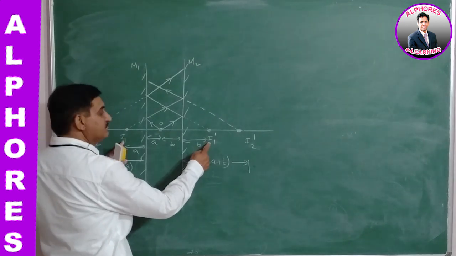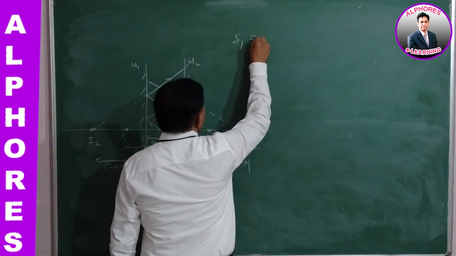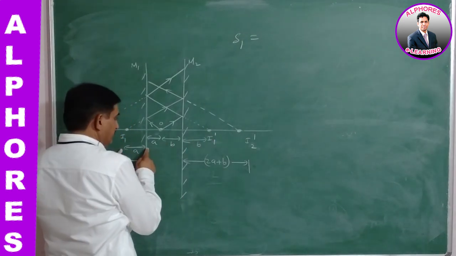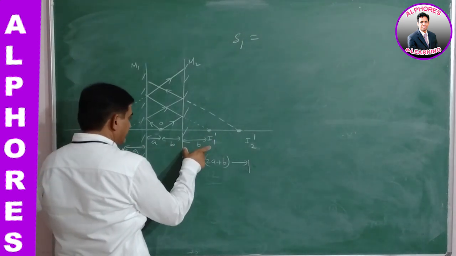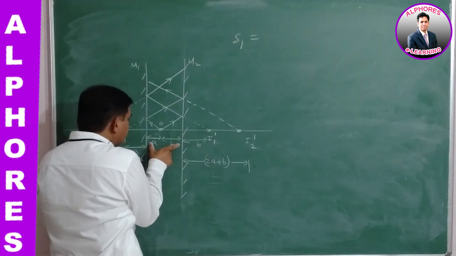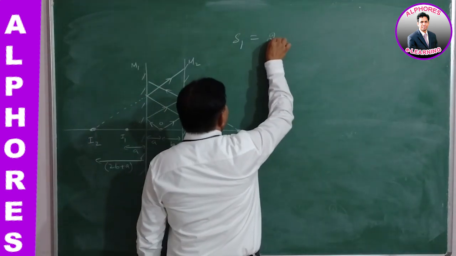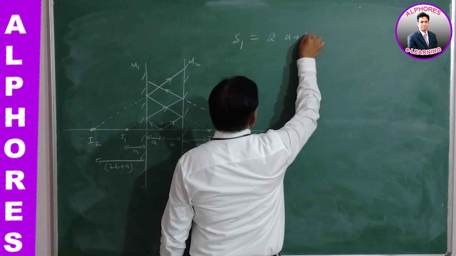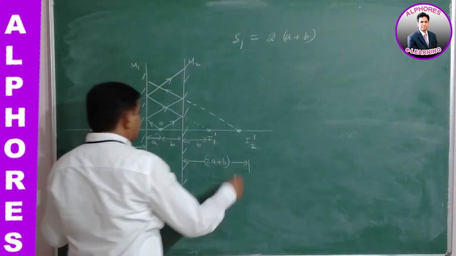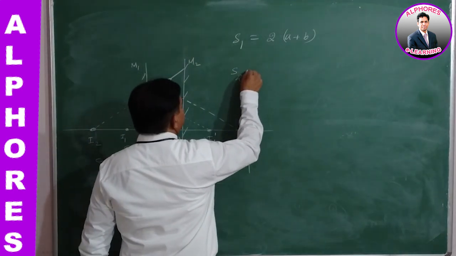This is first order. What is their distance? S1 is equal to their separation from here to here, A, and this is B, A plus B, and here the separation between the two plane mirrors, A plus B. Total it is 2 into A plus B. And go for the separation between second order images, S2.